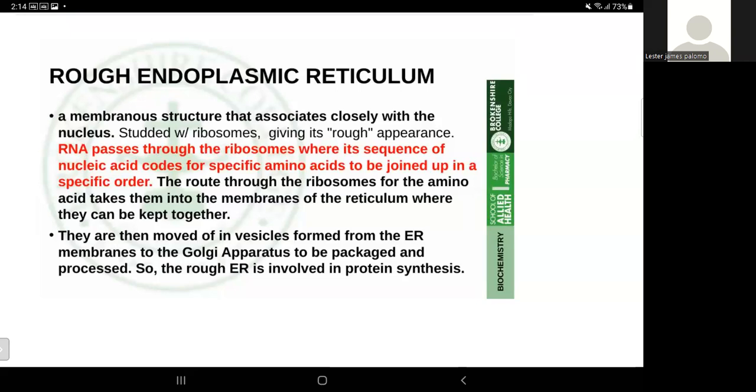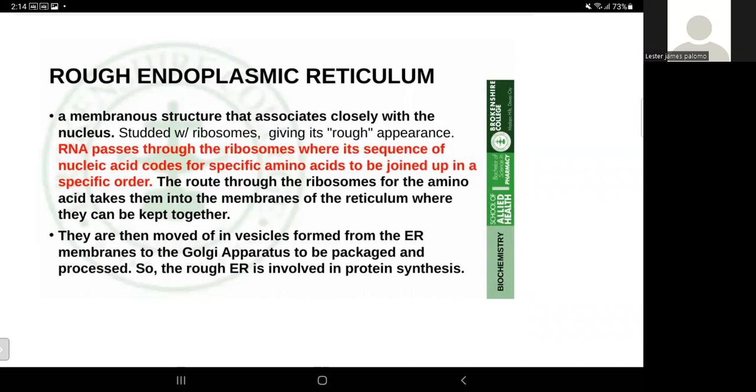RNA passes through the ribosomes, where its sequence of nucleic acid codes for specific amino acids to be joined up in a specific order. The RNA that passes through the ribosomes in the rough ER comes from the RNA produced in the nucleolus, via messenger RNA.